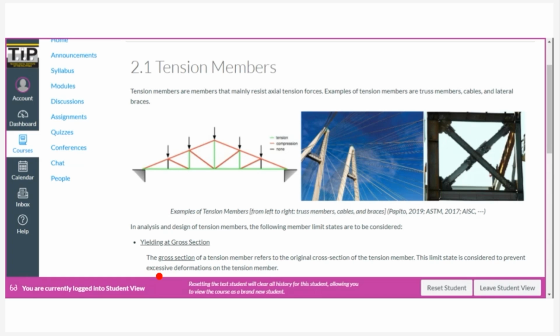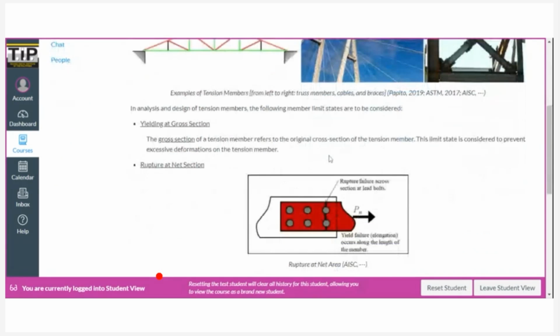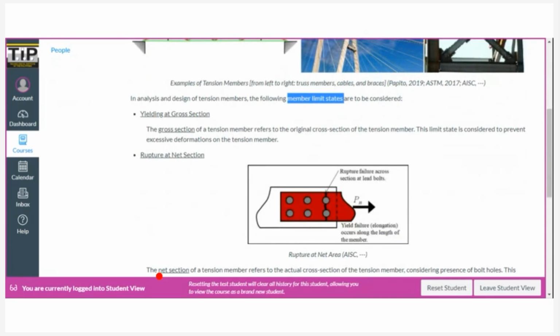Okay, so now more especially in structural steel tension members, what are the limit states that we consider? So in our case here in this module, we will only be considering the member limit states. So what do we mean when we say member limit states? We only talk about the strength or the capacity of the tension member itself.